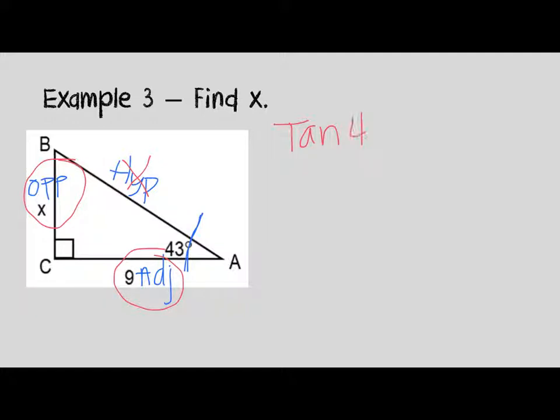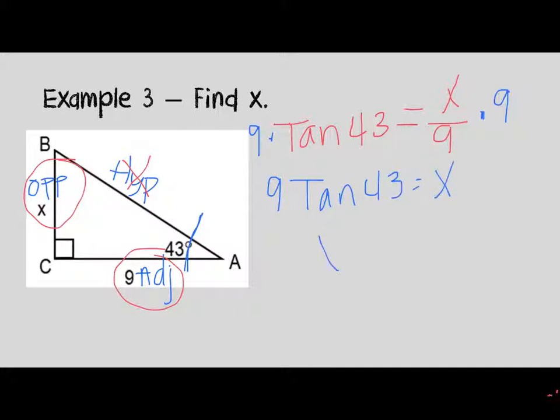The tangent of 43 is equal to your opposite value, which is x, over your adjacent, which is 9. Solve for x by multiplying each side by 9. So you have 9 times the tangent of 43 is equal to x. So x is equal to 8.393.